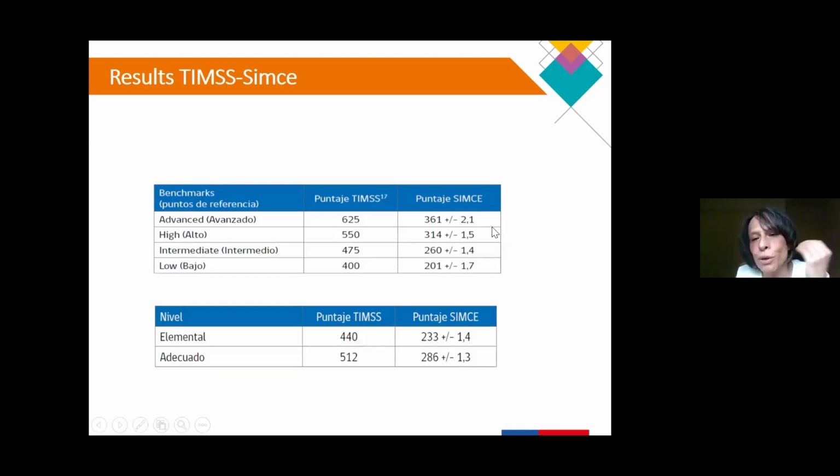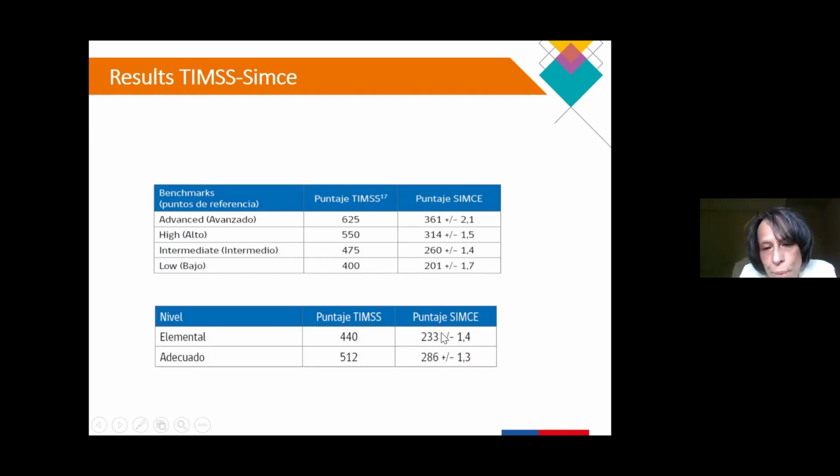And what we were looking for too was to put the TIMSS benchmarks onto the TIMSS scales. So we could do that. Well, we have two performance standards for our SIMCE assessment, and it is only two special points. That means elementary and adequate.